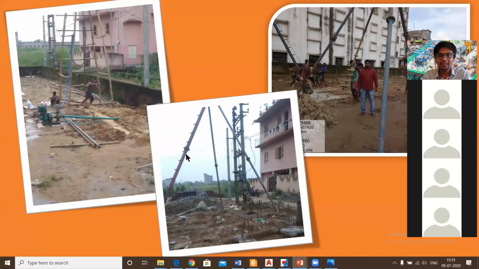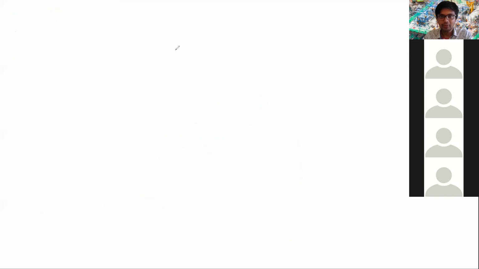Before that, one material is used. Let me share my whiteboard. Give me a moment. Basically, if we have a pile like this, and we are drilling a hole for a pile using the auger, let's say the hole is of 1 feet diameter.